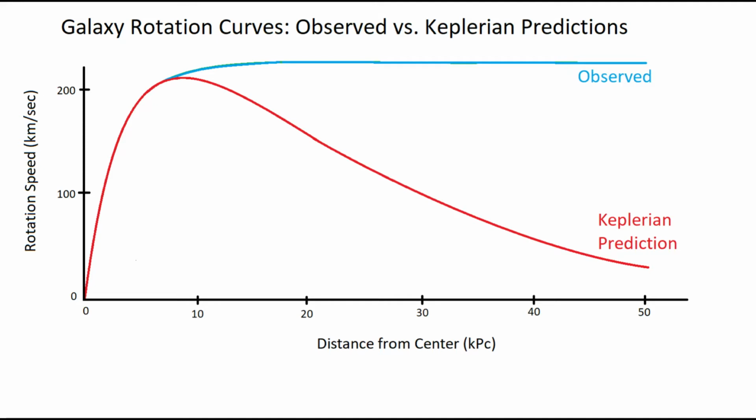A galaxy's rotation curve is a plot of the orbital speeds of a star or gas as a function of the radial distance from the center of the galaxy. A discrepancy appears when comparing observed and expected rotation curves when applying classical Newtonian equations. All three theories can explain this discrepancy.